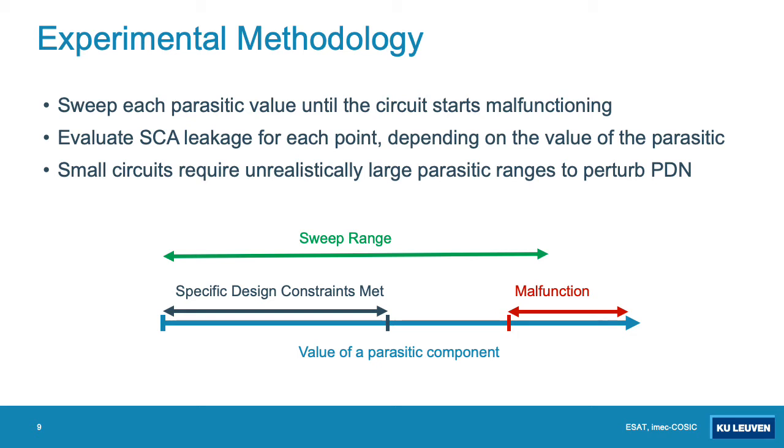At each point of the sweep, we perform the SCA evaluation to see how the level of leakage changes with the increase of the parasitic component. Again, the idea behind the experiments is to capture everything that can go wrong. On that note, as our circuits are very small, the values that you will see in the following slides are quite large, but necessary to cause significant perturbation in the power distribution network.